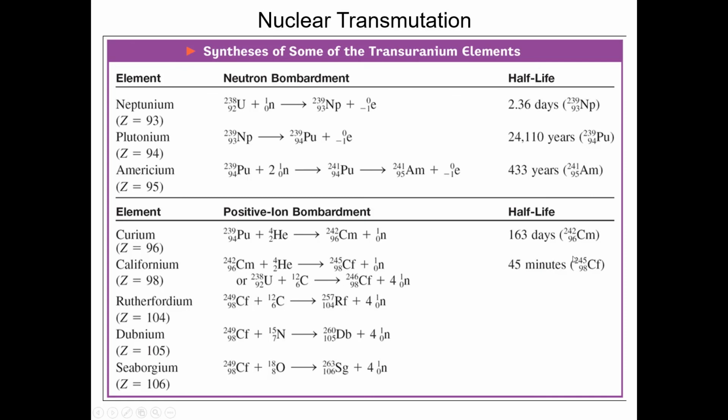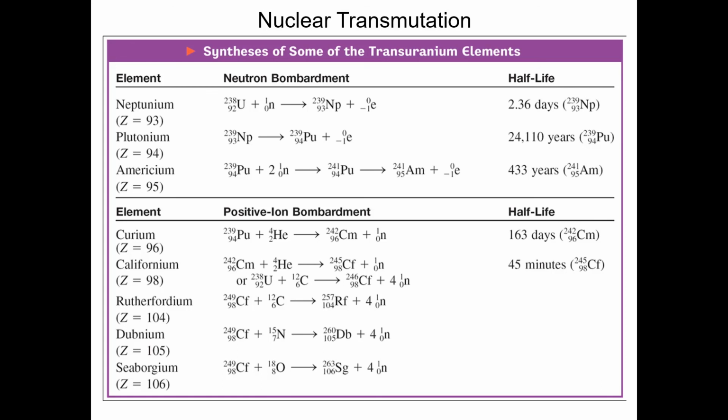As this table shows us, there are many different elements on the periodic table that are not found in nature. They have actually been created by this process of nuclear transmutation. And you can see some of them in there, like neptunium, plutonium, californium, curium. And notice that some of these have been done with neutron bombardment, some of them with positive ion bombardments like alpha particles, or even other atoms of other elements.